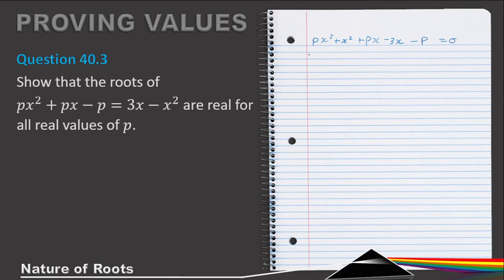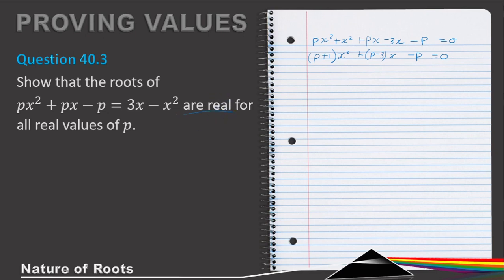Group the like terms. So we have p plus 1 x squared plus p minus 3 x minus b equal to 0.